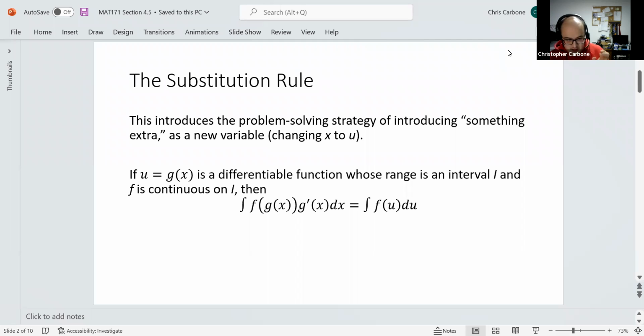This is where if u is equal to g of x is a differentiable function whose range is an interval I, and f is continuous on I, then the integral of f of g of x times g prime of x dx is equal to the integral of f of u du. And this looks very similar to our differentiation formula with regards to the chain rule.